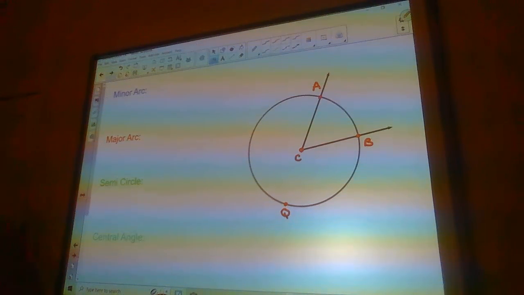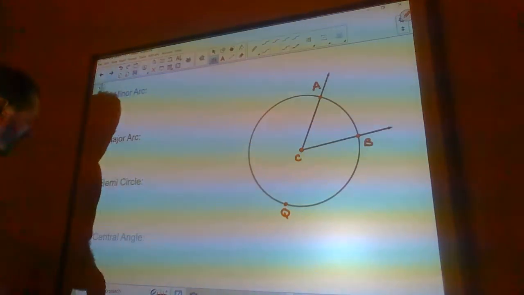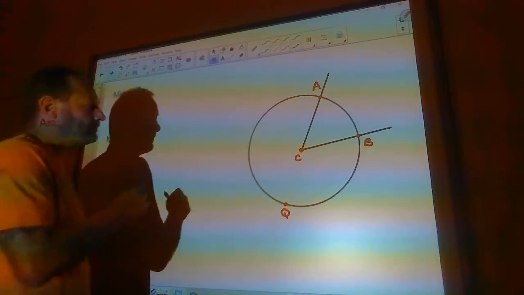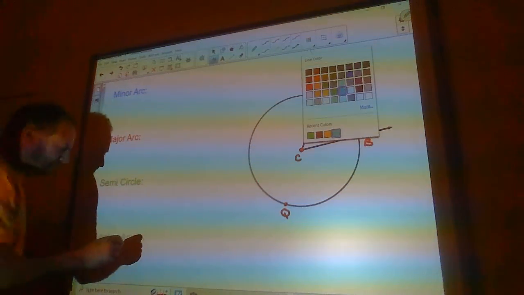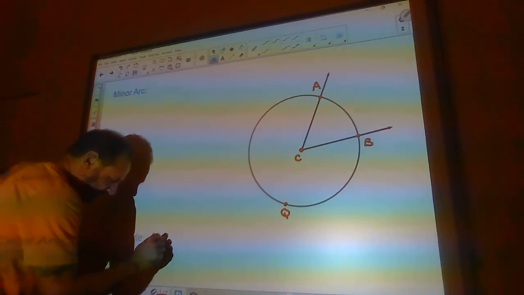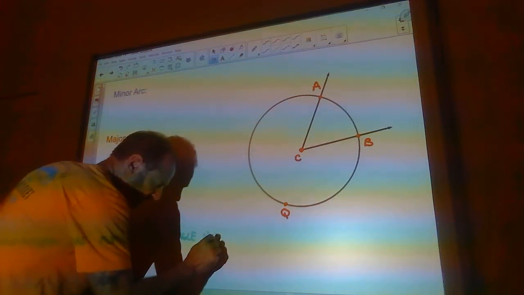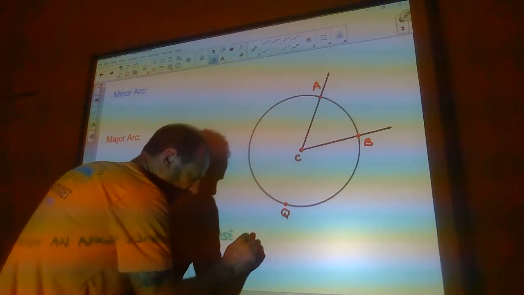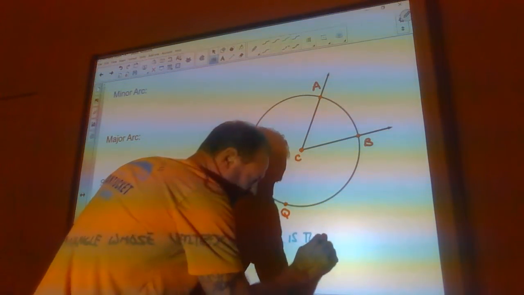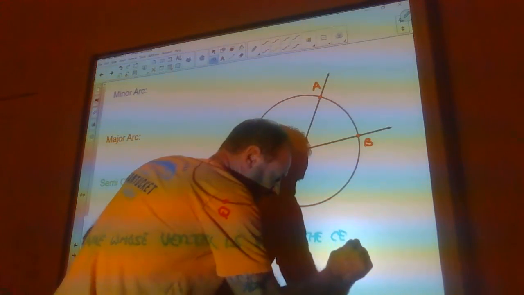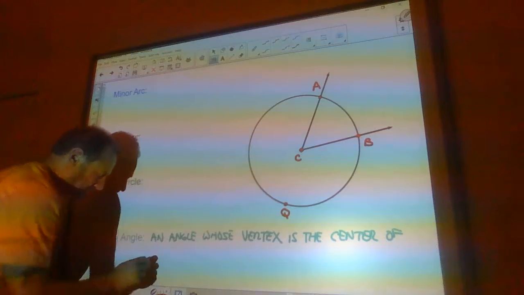So here we have a circle with something called a central angle. Okay, so let's start with that. A central angle is an angle whose vertex is the center of a circle.